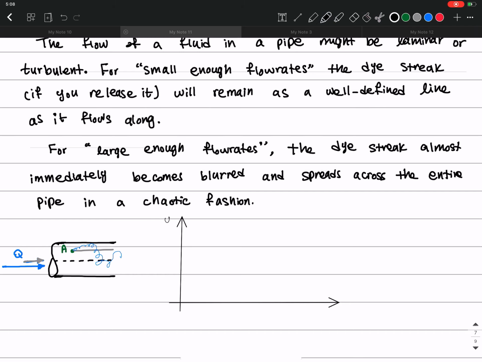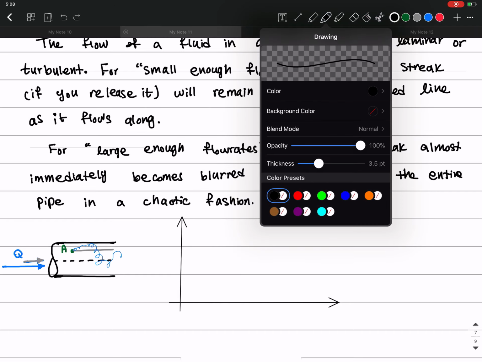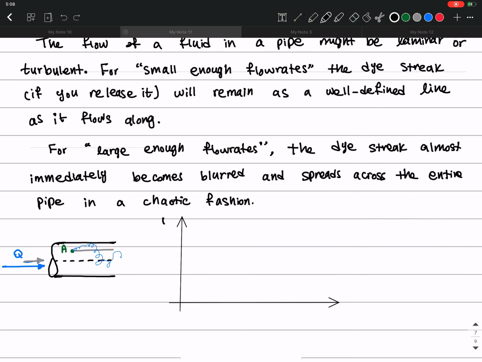So here, say we have the velocity at point A versus time. So what happens when your velocity is small? Then this velocity is going to stay constant. It's not going to vary in time, and the dye streak is also going to have a well-defined line. Okay, so the velocity looks like a constant line. It doesn't change in time. So this type of flow, we call it a laminar flow.